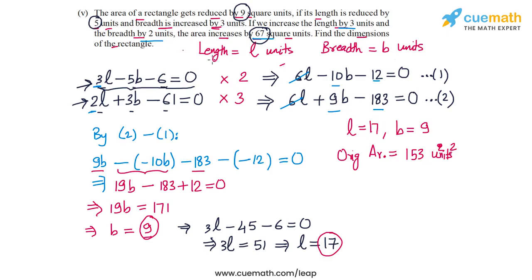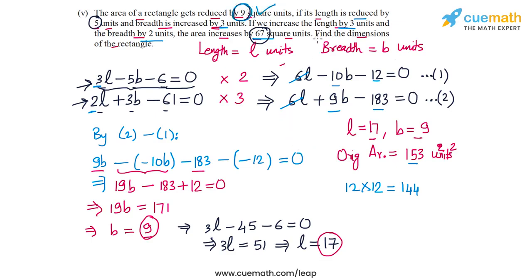If this answer is correct, L equal to 17 and B equal to 9, let's match it against what's told to us. So if the length is reduced by 5 units, then the new length is 12, and if the breadth is increased by 3 units, then the new breadth is 12, and the new area is 144, which is 9 less than the original area. So this first piece of information checks out.